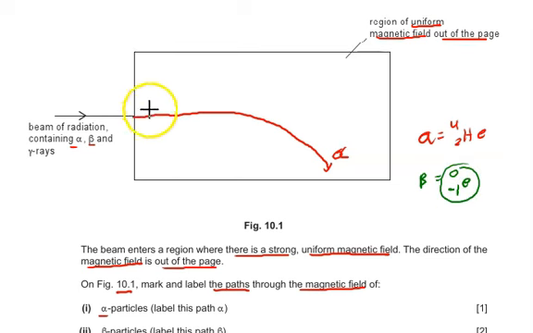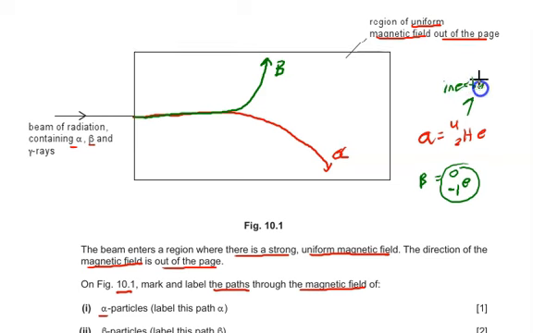So okay, it will go through in a straight line and it will bend. Okay, so it has a much greater deflection compared to alpha because it is light. This one, alpha, has a high inertia.